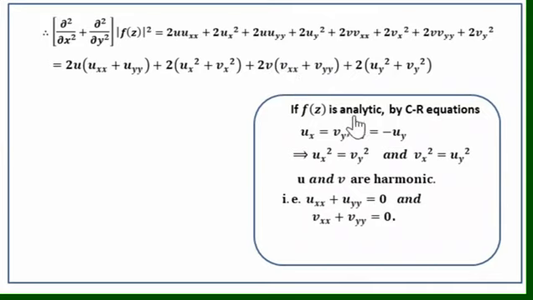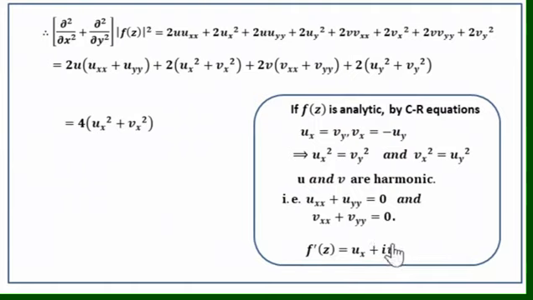Next we have 2 ux square plus vx square, and here we have 2 uy square plus vy square. In the next step we are going to substitute for uy square and vy square. We write this as a function of x only, because we have f dash of z equal to ux plus ivx, so we need to write the right hand side in terms of mod f dash of z.